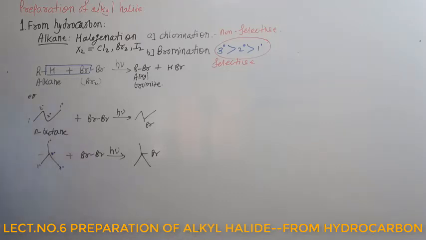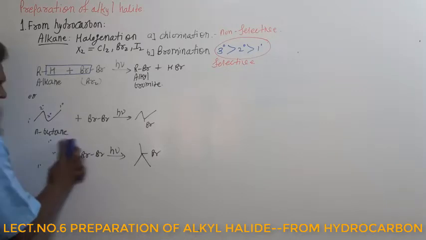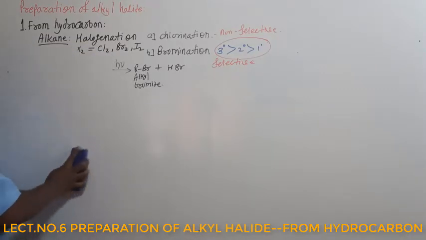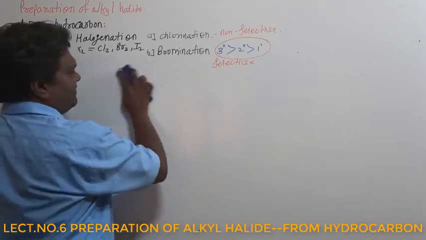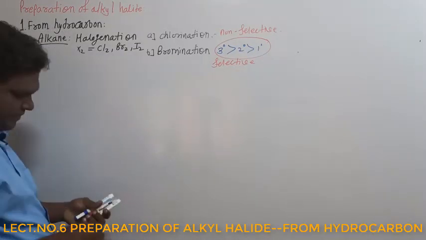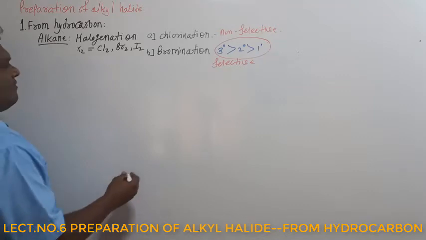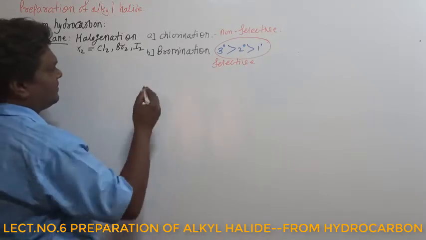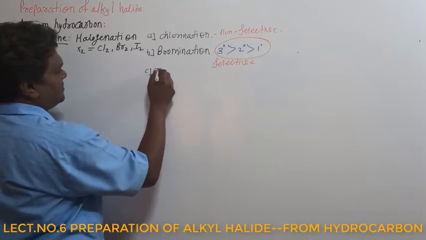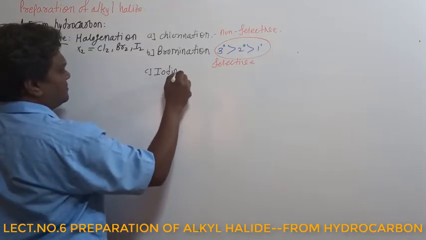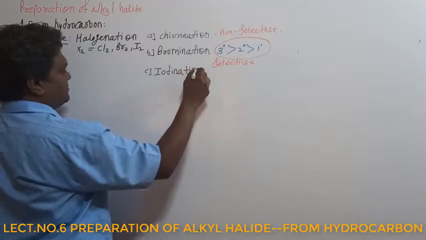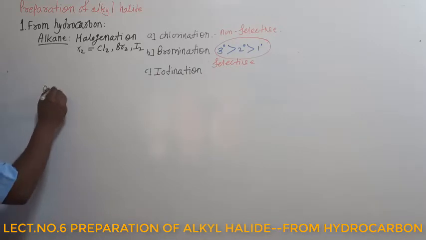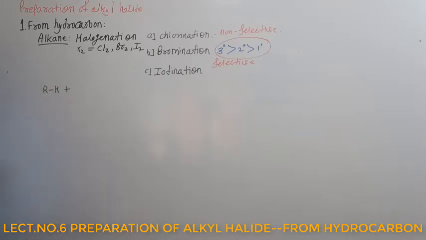Okay, let us start with the next one now, iodination. In iodination there is a little bit of difference. It is something different from chlorination and bromination. Again, as usual, we are going to take an alkane and react it with iodine.